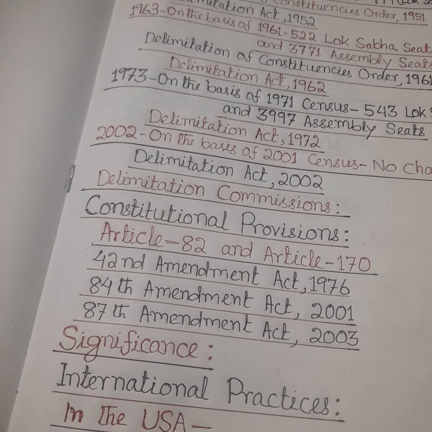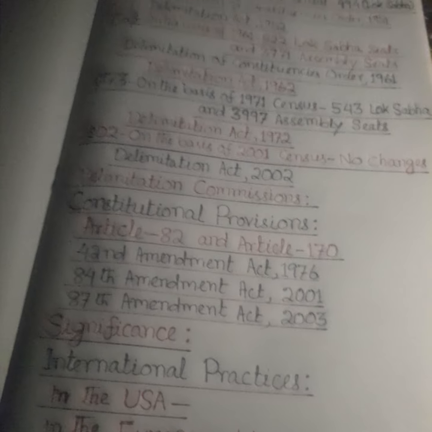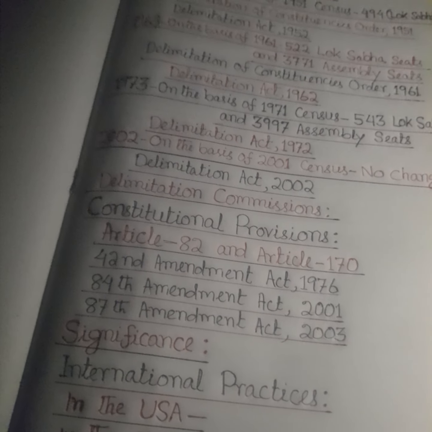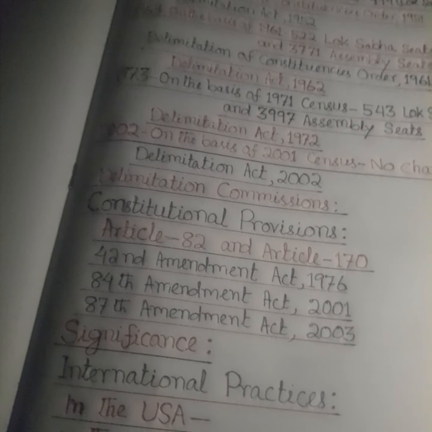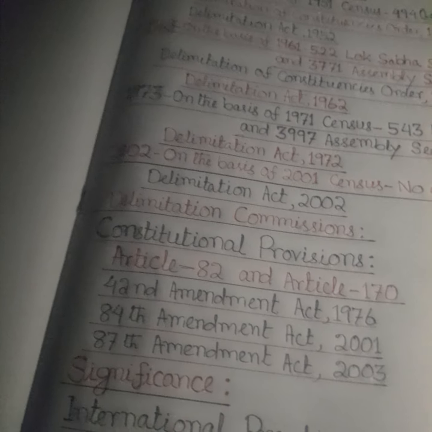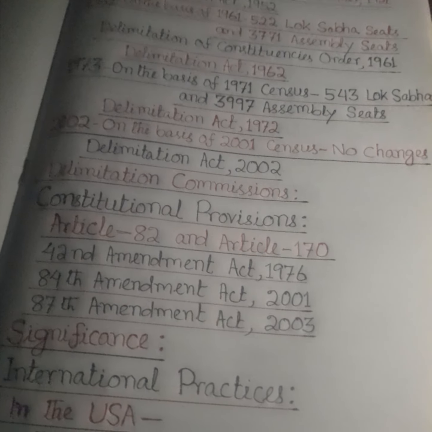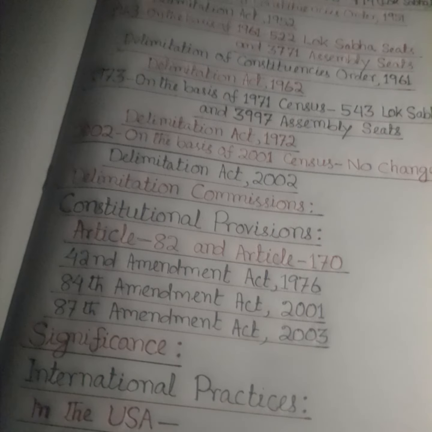So accordingly, on 4th January 2008, the Cabinet Committee on Political Affairs decided to implement the order of the Delimitation Commission. The recommendations of the commission were approved by the then President.